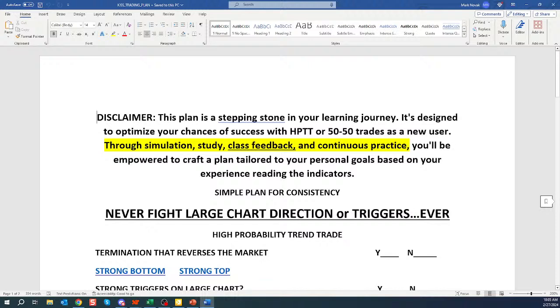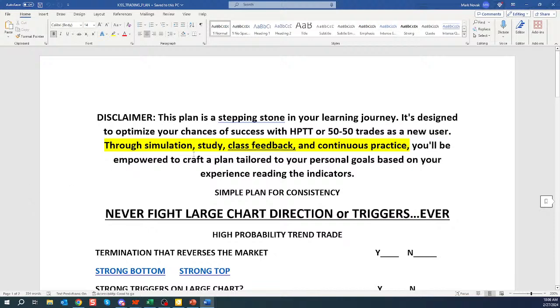So this keeps you focused, but through simulation, through study, through class feedback, continuous practice, you will be empowered to craft a plan tailored to your personal goals based on your experience reading the indicators. Just a wordy way of saying, man, when you're a chart reader, you're going to be floored at what you're capable of seeing, recognizing, and taking advantage of.